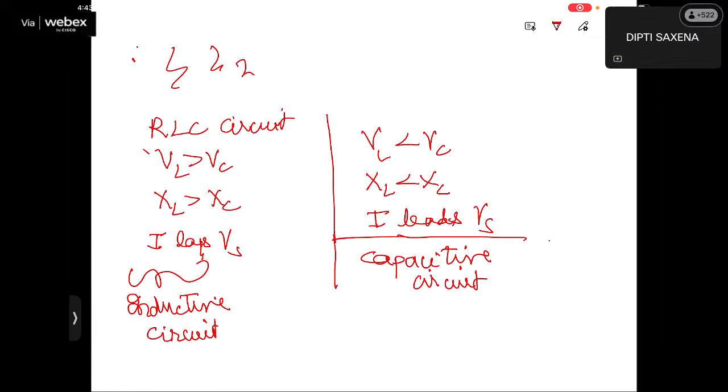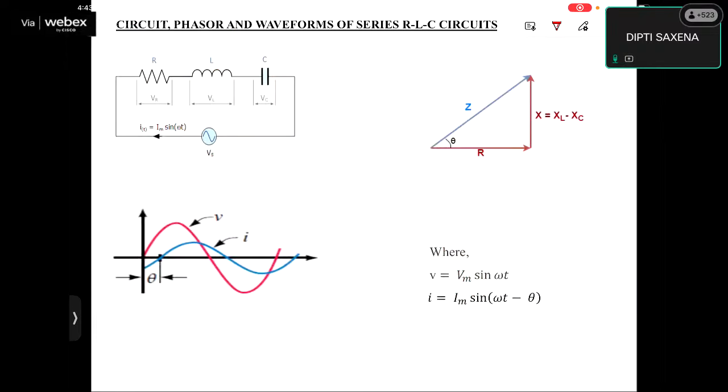So the combination of R, L, and C can behave both like an inductive circuit and a capacitive circuit. So this is the impedance diagram for the case when XL is greater than XC. We have drawn it at the back, and this is the instantaneous voltage diagram.